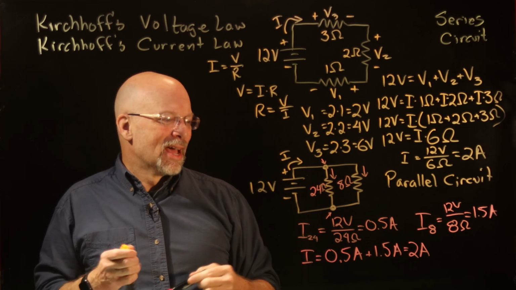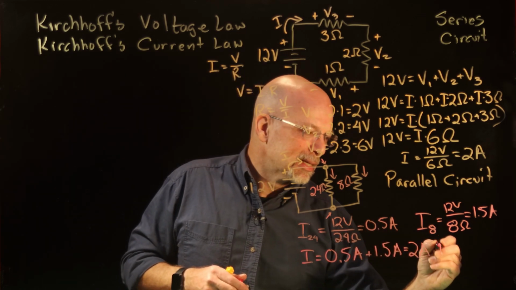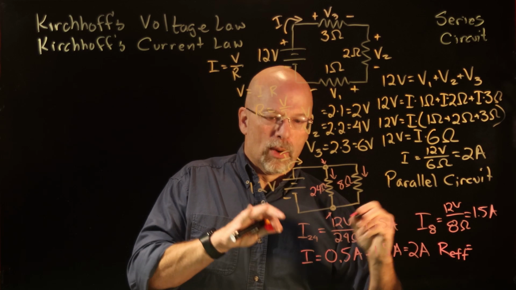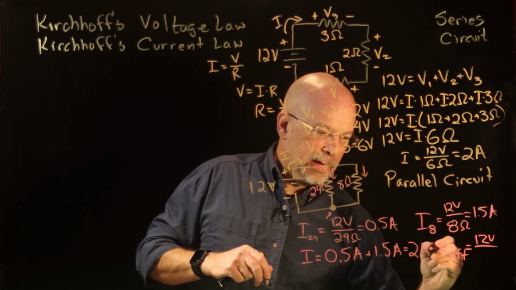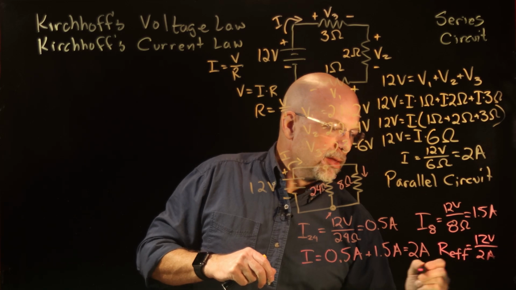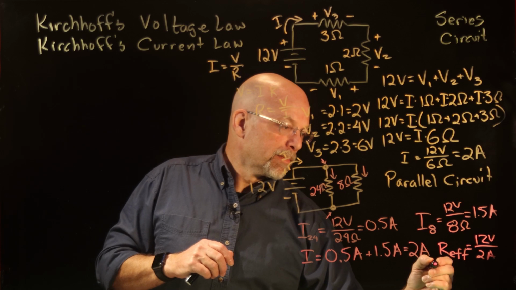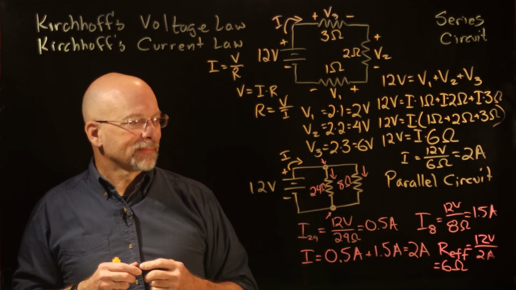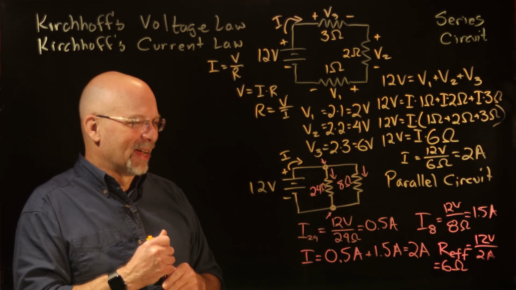As far as the 12 volt battery is concerned, this effective resistance is equal to the voltage, 12 volts, divided by 2 amps. The effective resistance is 6 ohms. All right. Kind of crowded up my board a little bit too much, didn't I?